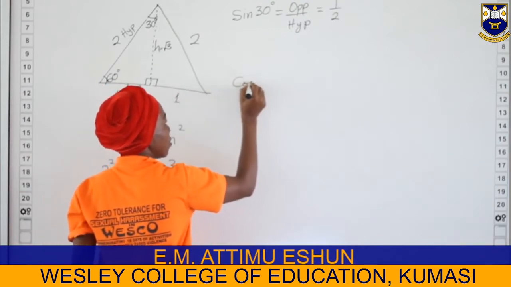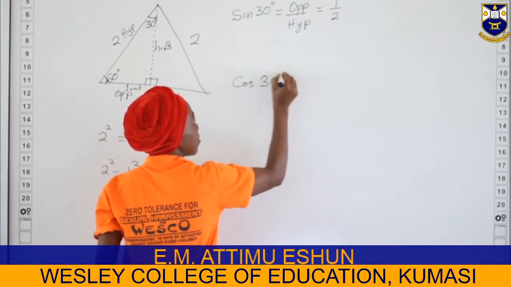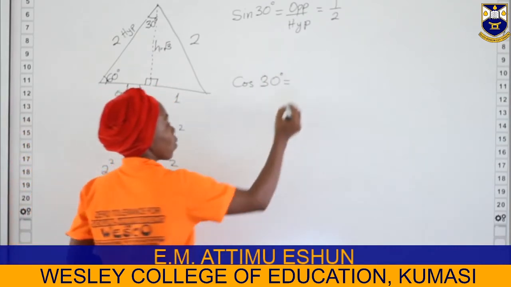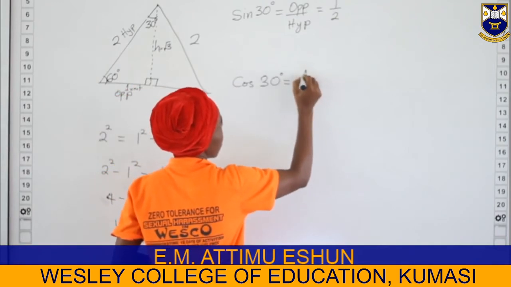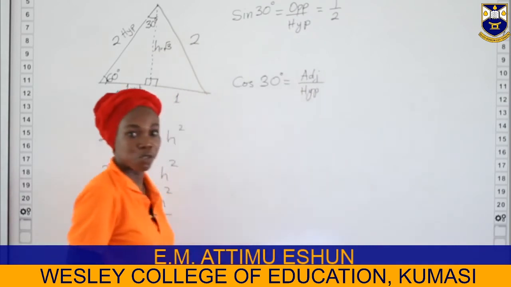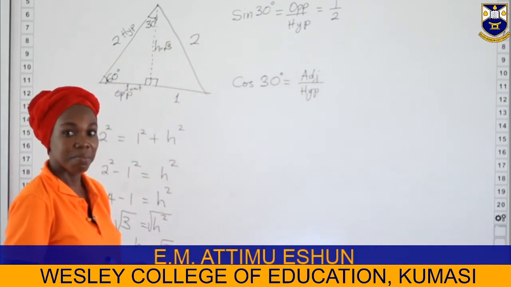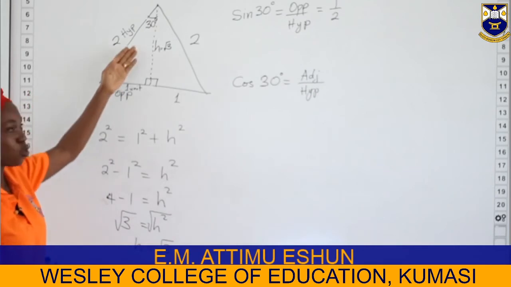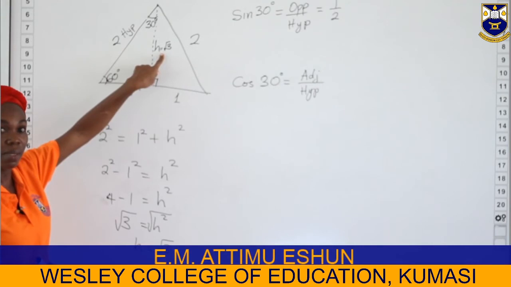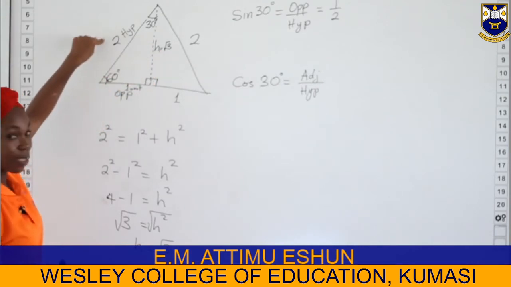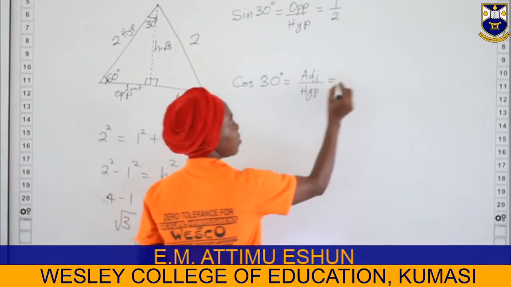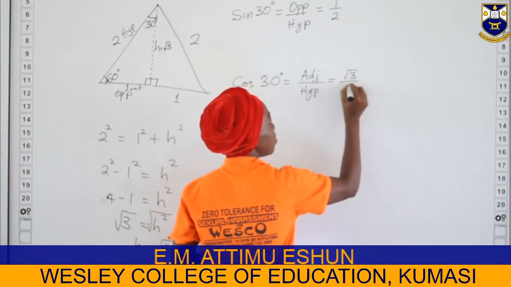We can go on and find cos 30 degrees. What is the ratio for cos? We have it to be adjacent divided by hypotenuse. And so looking at our diagram, our adjacent side is root 3. Our hypotenuse side is still 2. And so we will have our cos 30 to give us root 3 divided by 2.